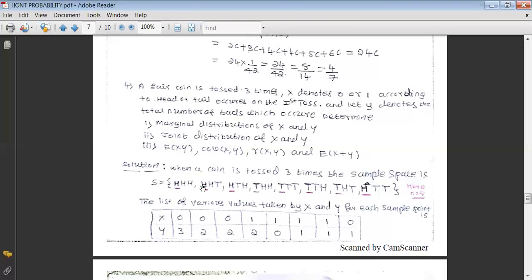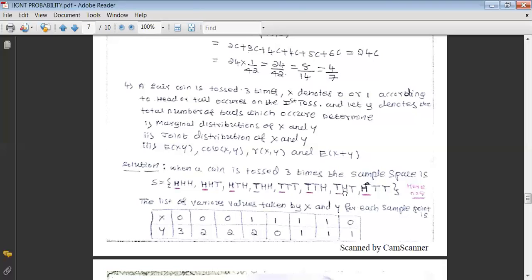That's why here when a coin is tossed 3 times, the sample space is as follows. Here we have written all 3 times it may result in head. First 2 times it may result in head, third time tail. First time head, second time tail, third time head. First time tail, second and third time head. All 3 times tail. First 2 times tail, third time head.